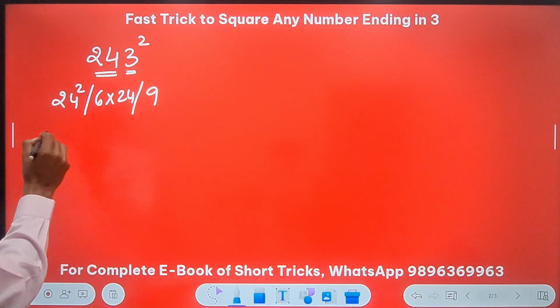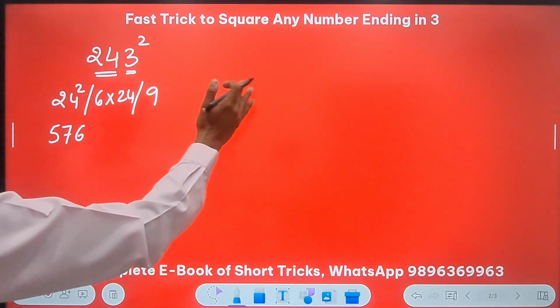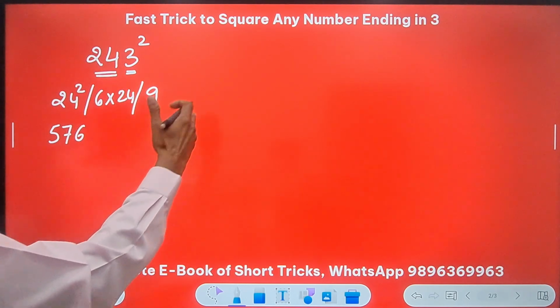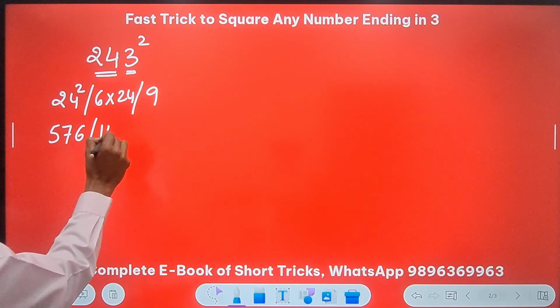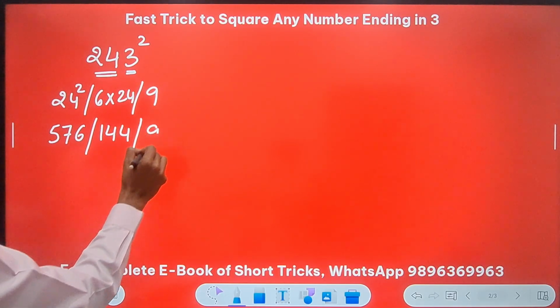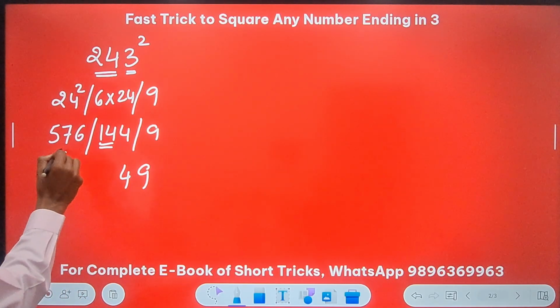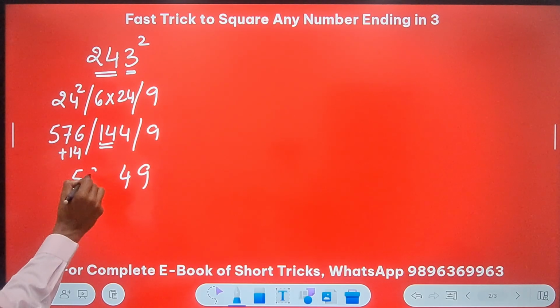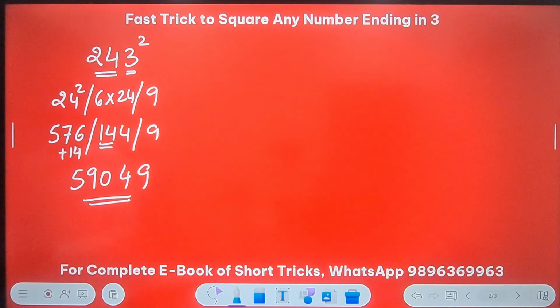If you know 24 square, which is 576, it's perfectly fine. In the next question, I'll be taking up a number whose square you still have to find. So 24 into 6 is 144, and finally we have the 9. So the 9, the 4, and this 14 gets added here, which gives you 590. So 59049 is the square of 243.